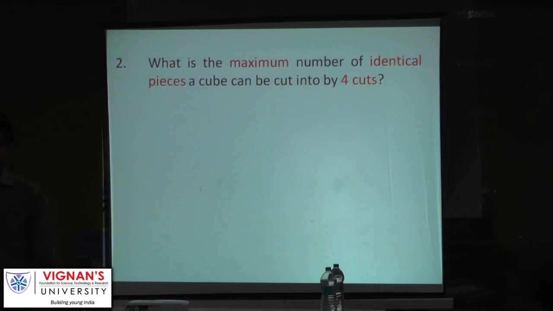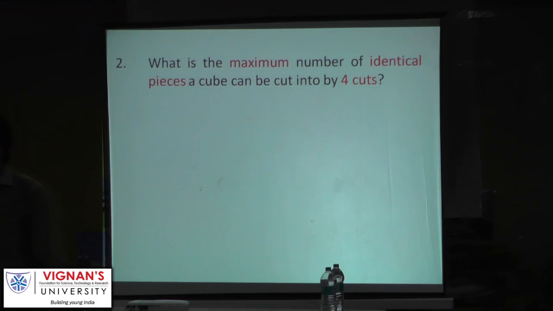4 cuts. Maximum. So when there is maximum, there should be minimum as well. Are you getting my point? My idea is, forget about this particular question. 4 cuts or 5 cuts or 6 cuts or n cuts, whatever.